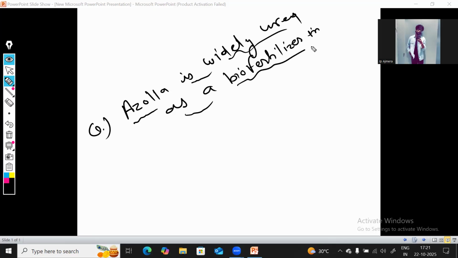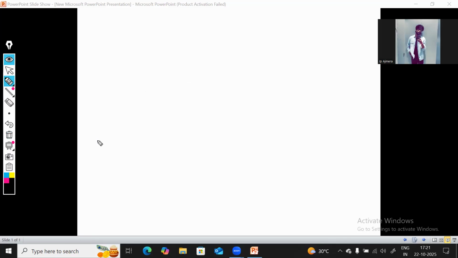They are asking for the crop. The answer for the crop name is rice. Azolla is mostly used in rice fields. It's a pretty simple question from biofertilizers. So we can go for the next one.